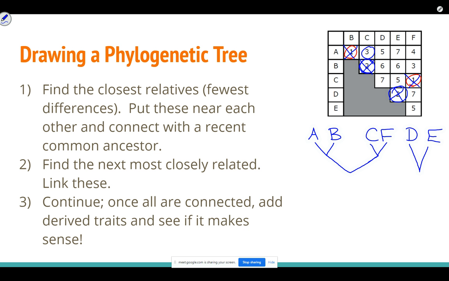This one, C and A, we've already got C and A connected here. So we kind of took care of that. They're pretty closely related. This one, B and F, so we've also got those. So it makes sense. We're still within this grouping. 4 is A and F, so we're still there. Those are already connected. And then when we get to about 5 differences, then we get to A and D. So I'm going to guess that those are connected way back there.